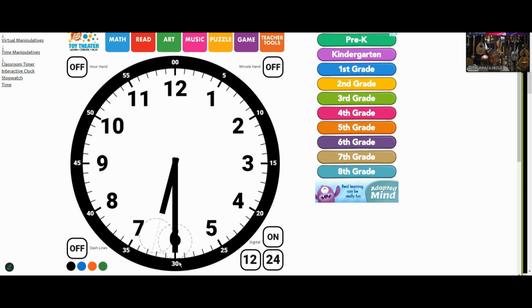Half past 6. But once it crosses the halfway, instead of past, you say "to".